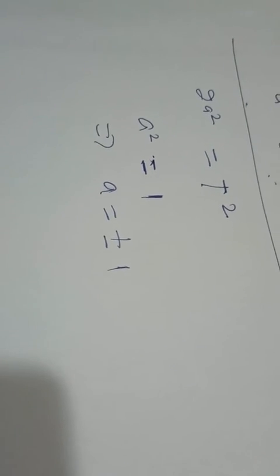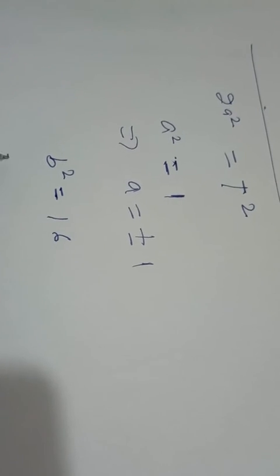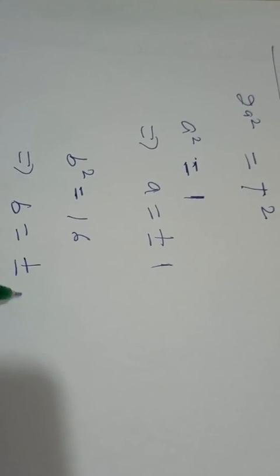Similarly, when you solve this further, you get the value of b square is equal to 16, and this will give you two values of b, plus minus 4.